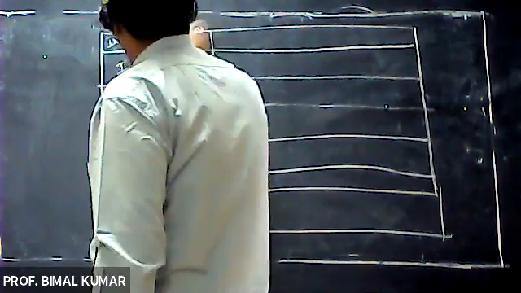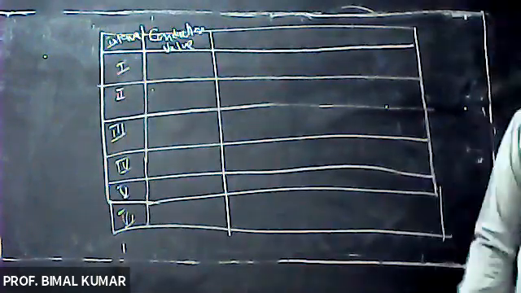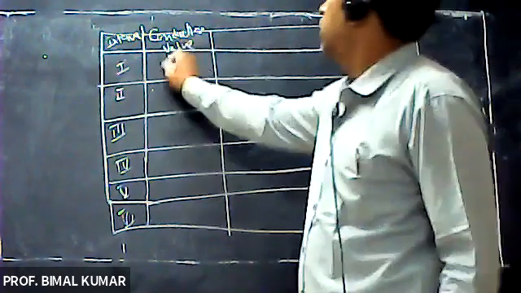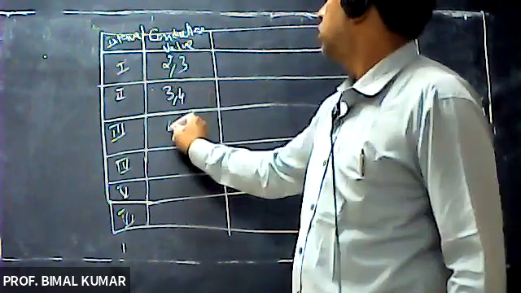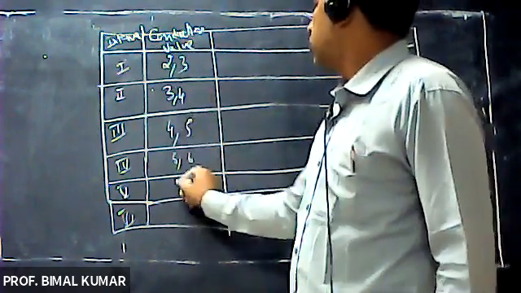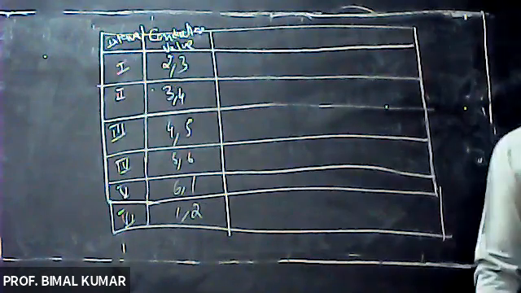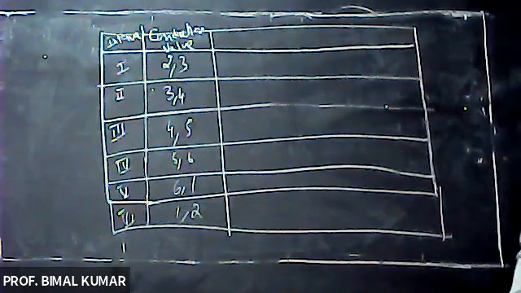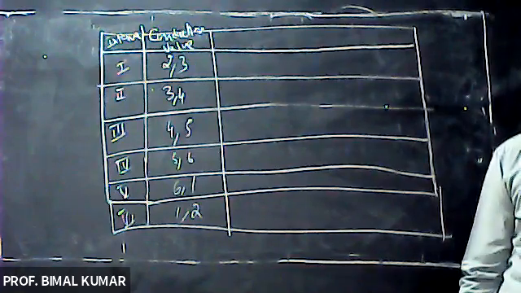Conducting valves during the interval 1 are 2 3, then next 3 4, 4 5, 5 6, 6 1 and 1 2. So during each interval, these thyristors or switches will conduct.